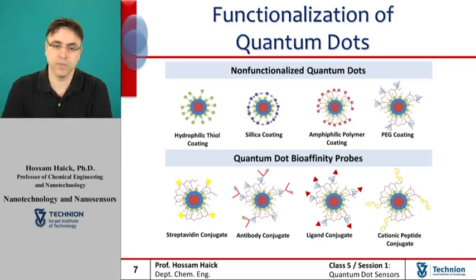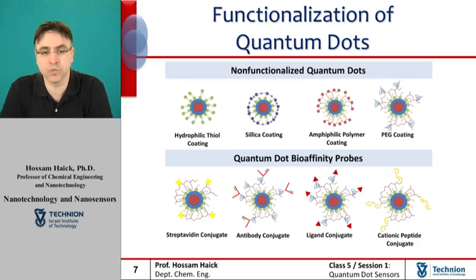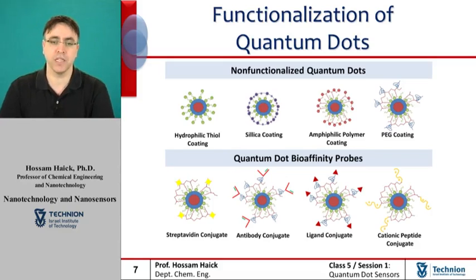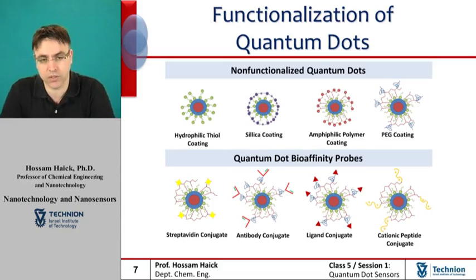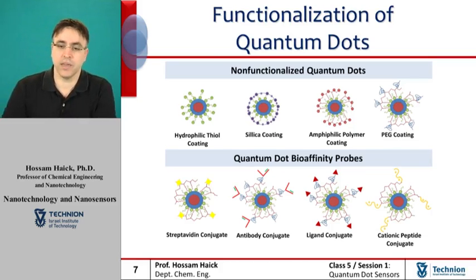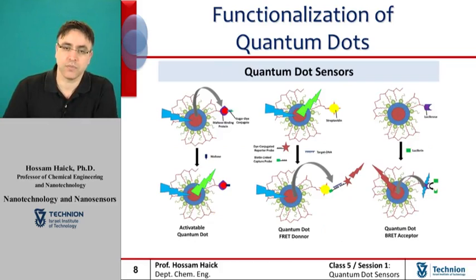Also, this includes quantum dots cross-linked to small molecule ligands, inhibitors, peptides, or aptamers that can bind with high specificity to many different cellular receptors and targets. Furthermore, quantum dots conjugated to cationic peptides, such as HIV peptide, can quickly associate with cells and become internalized via electrostatics.